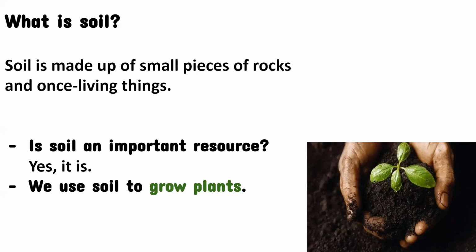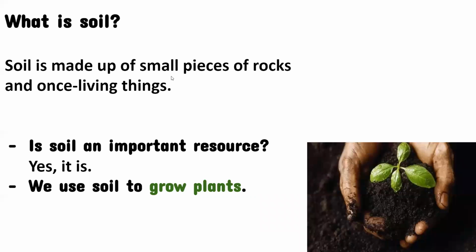Now let's move to the soil. After we're done with the rocks, let's move to the soil. We have to know that soil is made of small pieces of rocks. After we knew the meaning of rocks, now we have to know that soil is made up of small pieces of rocks.